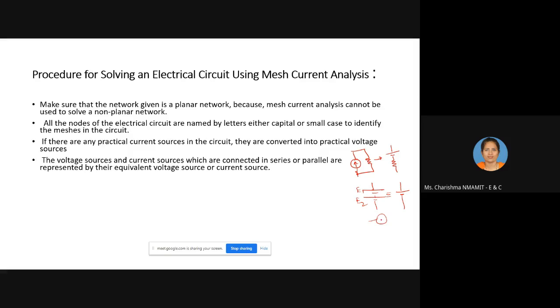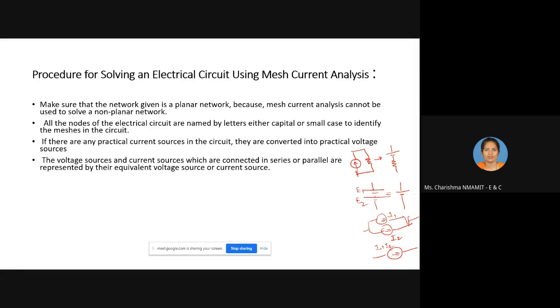Similarly, if current sources exist in parallel, you represent them by an equivalent current source, that is I1 plus I2, provided both I1 and I2 have the same polarity, or I1 minus I2 or I2 minus I1 based on the orientation as well as the magnitude of the currents I1 and I2. Okay, that we have already seen.